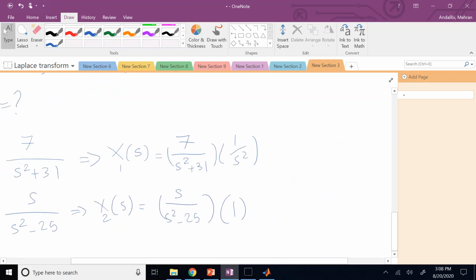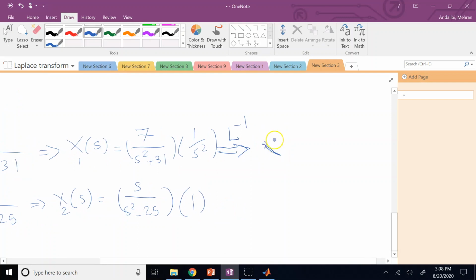Then you apply inverse Laplace to both. So you will get what? x1 of t, which I'm sure everybody can do at this point. And then you apply an inverse Laplace to this one, and you find x2 of t.